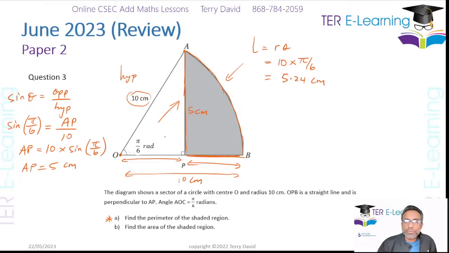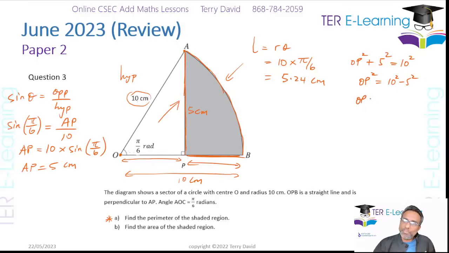So to work out that length OP, I'm going to use Pythagoras' theorem. I'll say OP squared plus 5 squared is equal to 10 squared, right? So OP squared is 10 squared minus 5 squared.